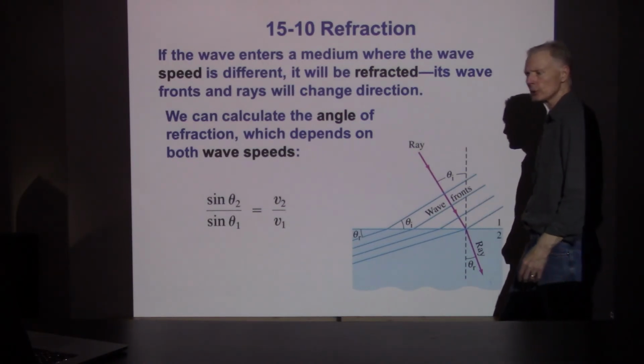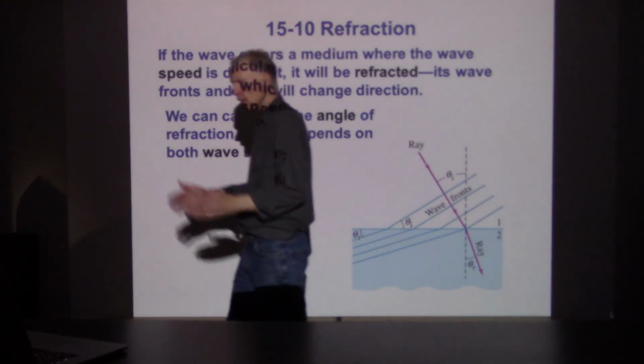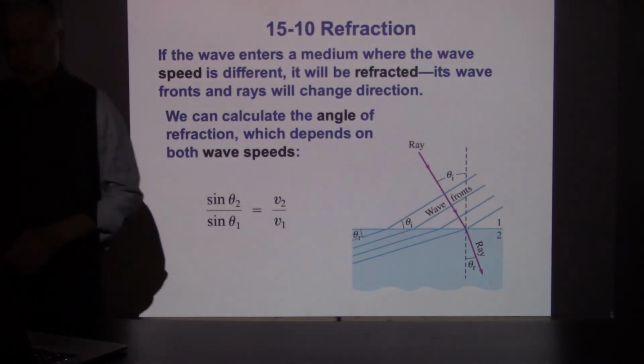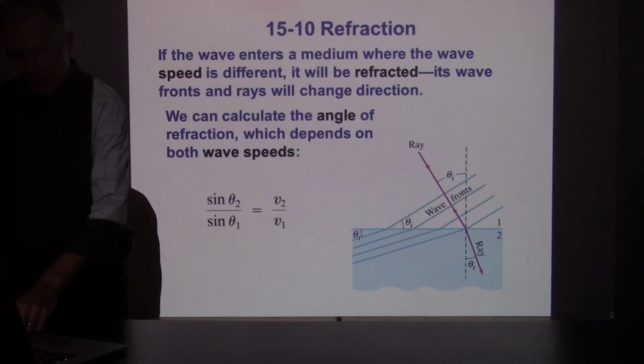This effect is called refraction. So you can have these disturbances that hit a boundary with different materials, and it redirects it.